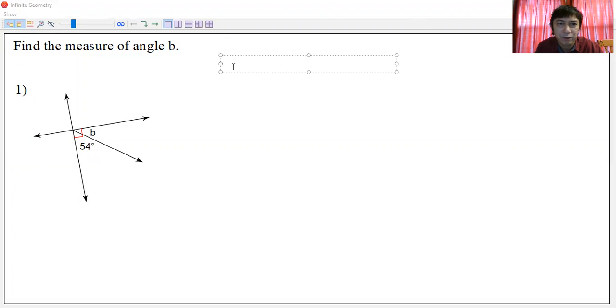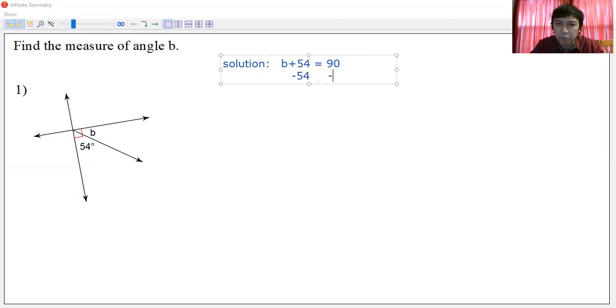For our solution here, we can set up the equation, and this will be B plus 54 must be equal to 90. We can solve this equation by just the subtraction property. Subtract 54 from both sides.